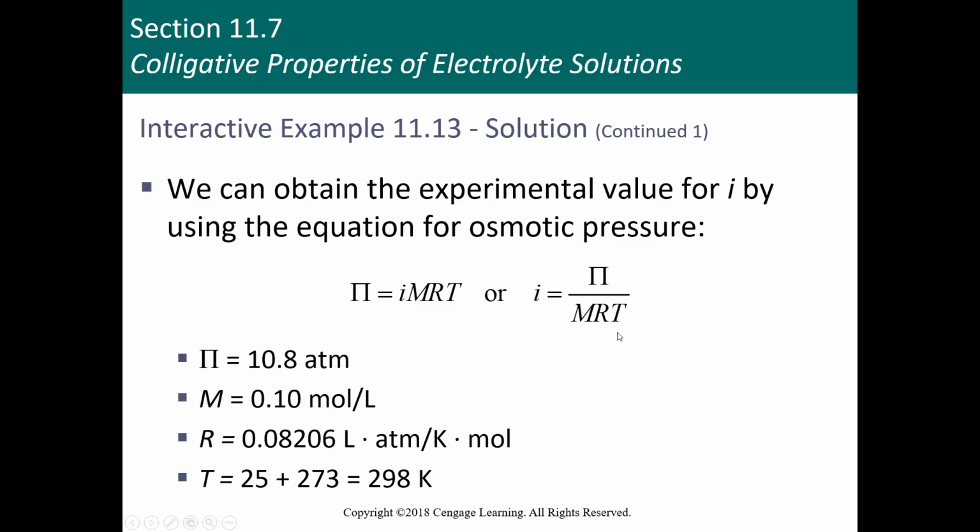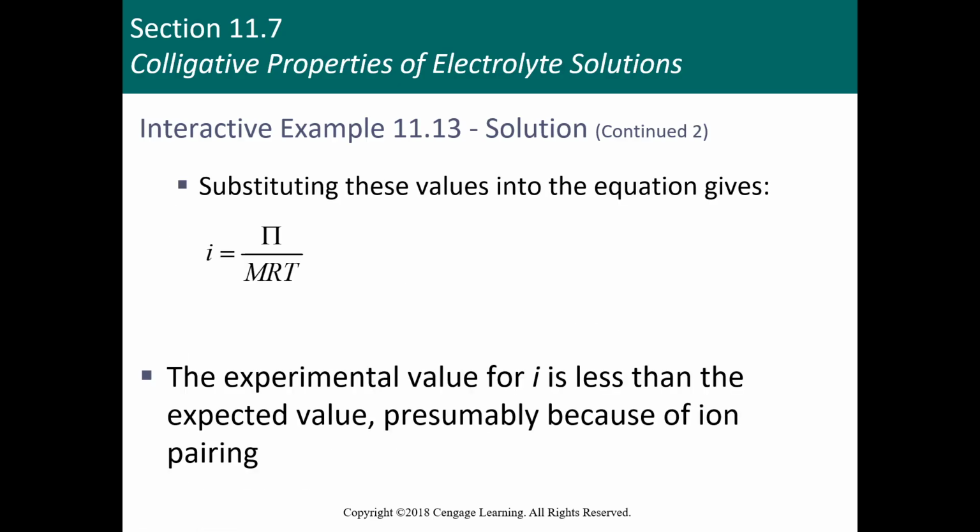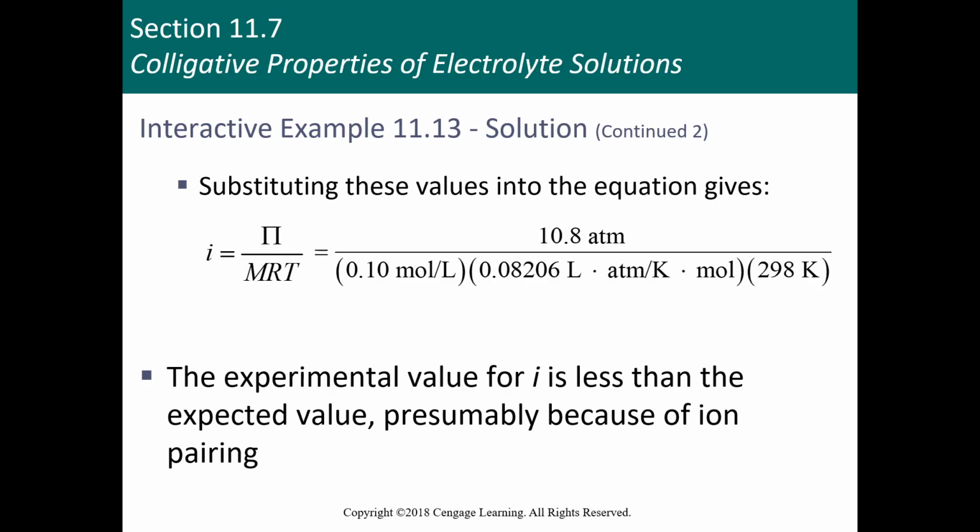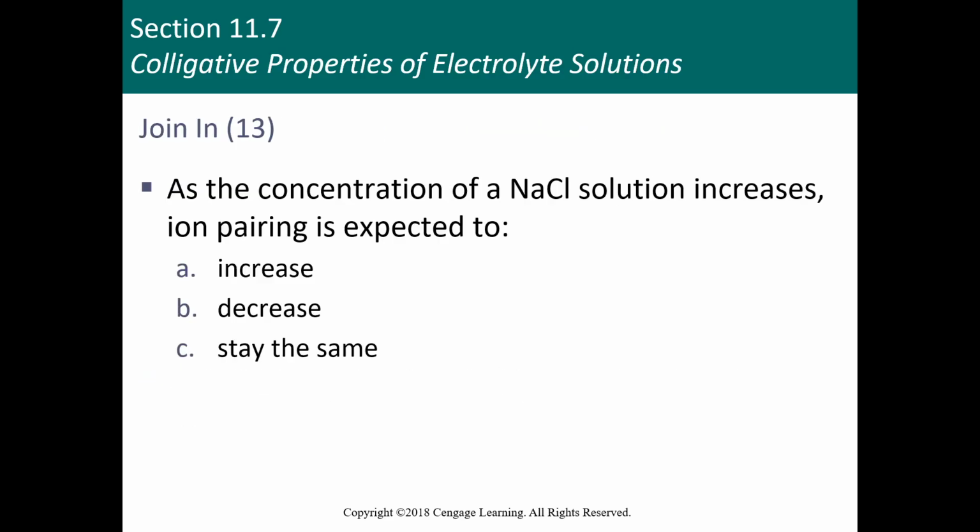That'll go in for the temperature. We go ahead and substitute these values in and solve, and we find our Van 't Hoff factor for the experimental is 4.4. So the experimental value is less than the expected value, and we would presume this is because of ion pairing. Actually, there are other things it could be, but ion pairing would be a good guess for this one.